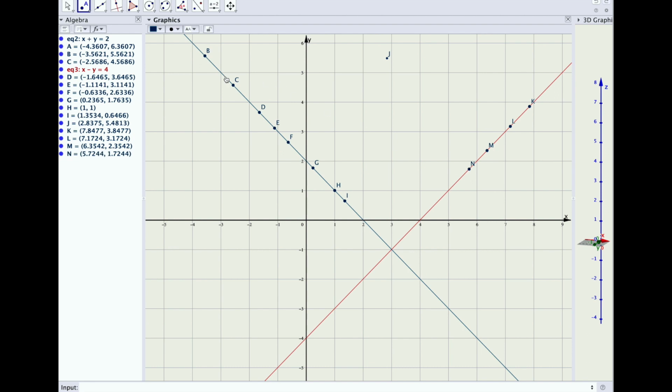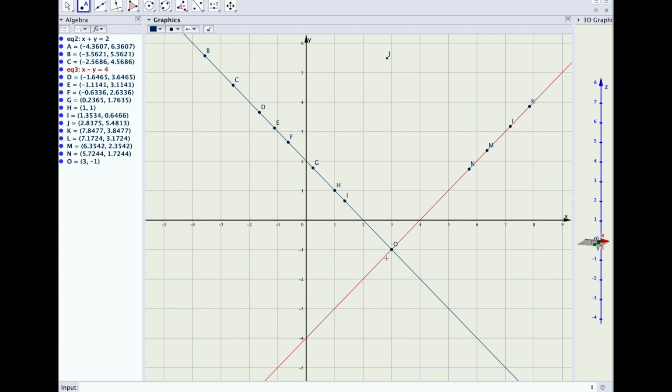But now, if I want to consider the blue and the red line simultaneously, how many degrees of freedom are left? 0. 0, and that is exactly this point. I have to be here. I cannot even move.